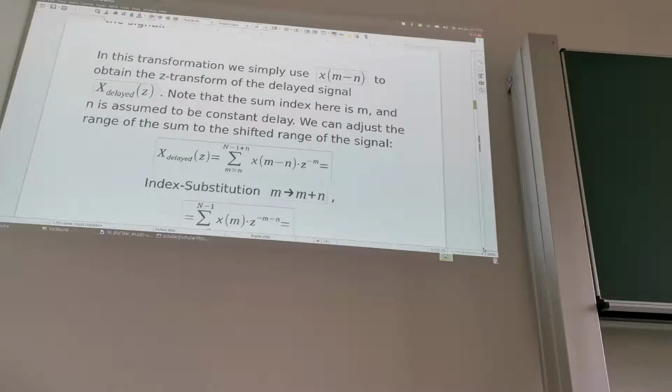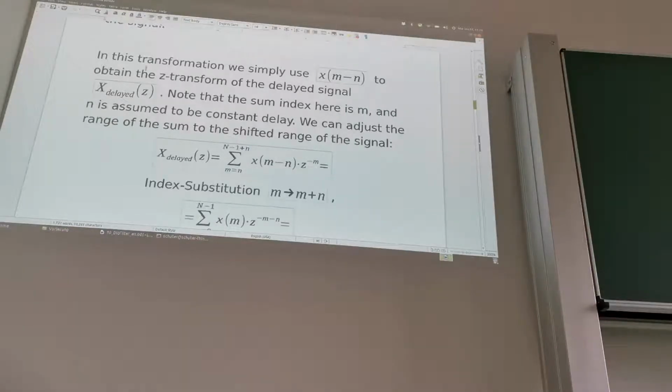So in this transformation, we can simply use x of n minus n to obtain the z transform of our delayed signals. Remember, we want to know what's the result of the DFT or the z transform, in this case, for this delayed signal which comes out of our convolution equation, since we want to analyze the convolution.